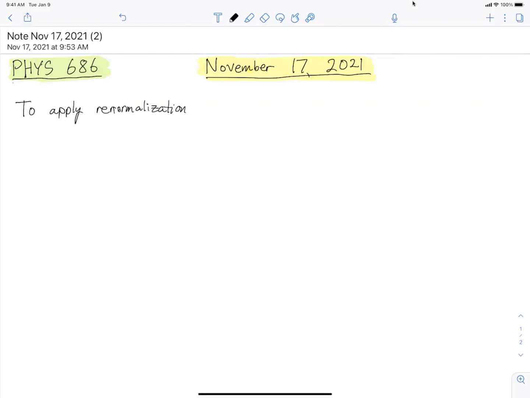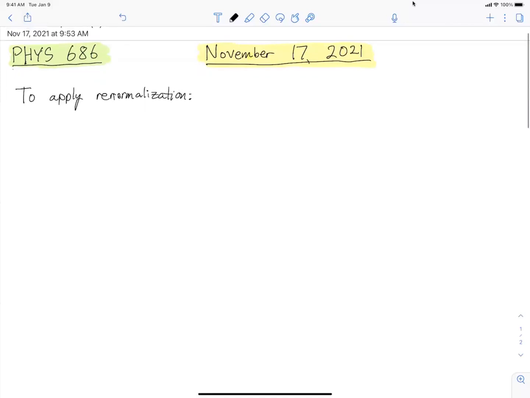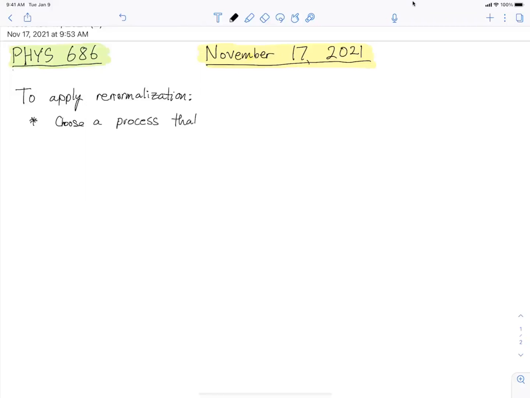Since we're physicists, and physics is an experimental or empirical subject, we always have to go back to experiments. So our first thing that we're going to do typically is to choose a process that you can measure experimentally.